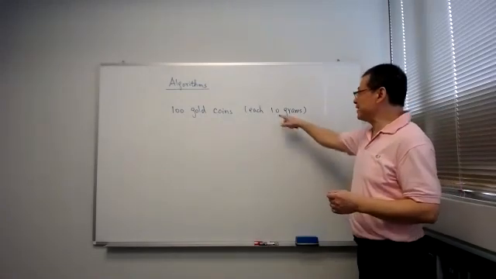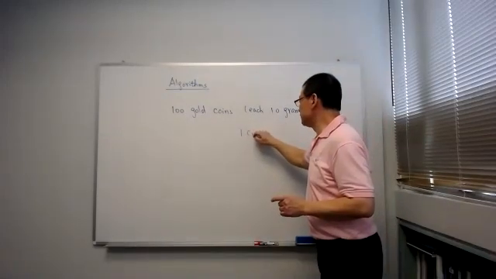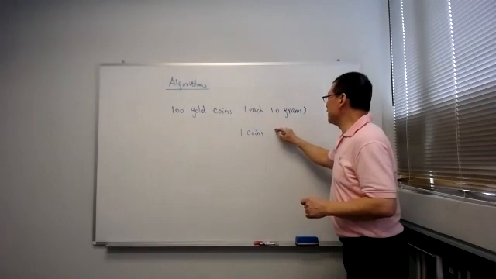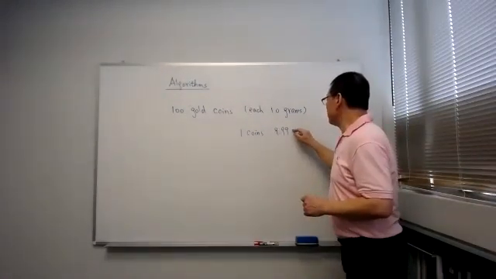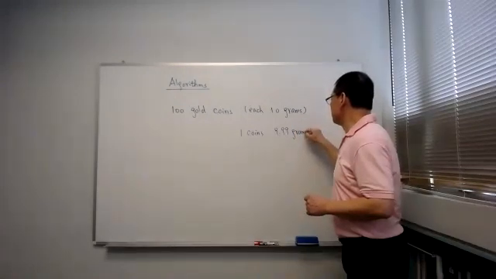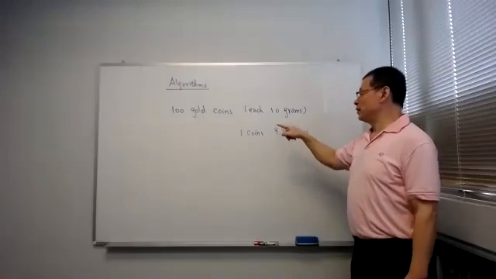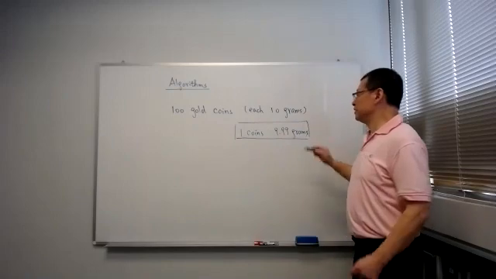So its weight is less than 10 grams. One particular coin has a defect, so its weight is maybe 9.99 grams only, instead of 10 grams. So how can we find out this defective gold coin?